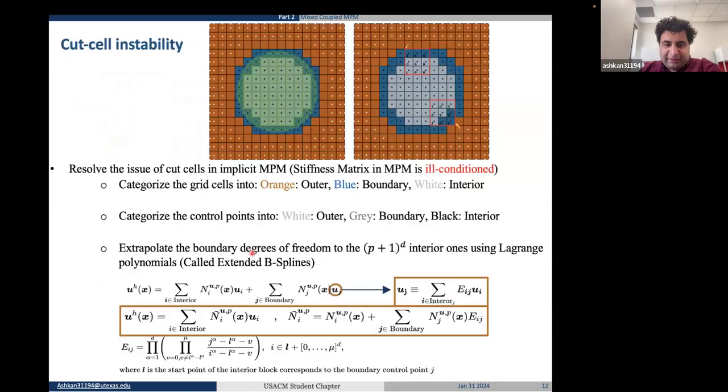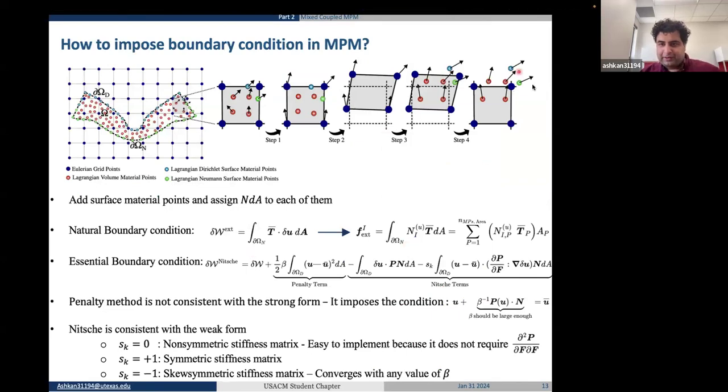I described here, the penalty method requires a very large beta value, which might make solving Ku equals F hard. That's because we used the Nitsche term formulation for imposing the boundary condition.